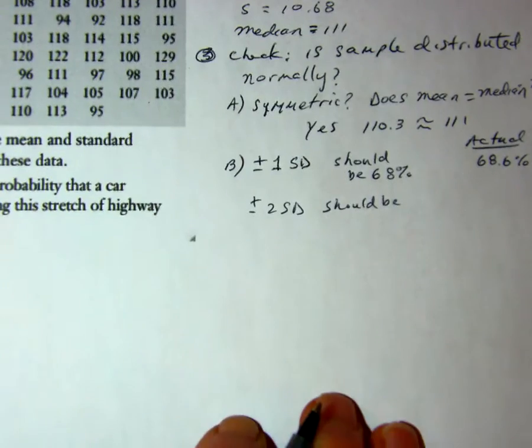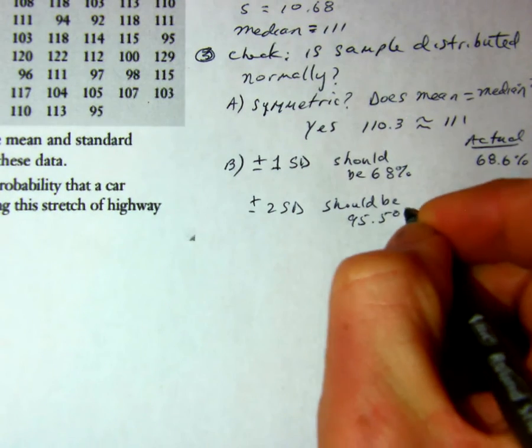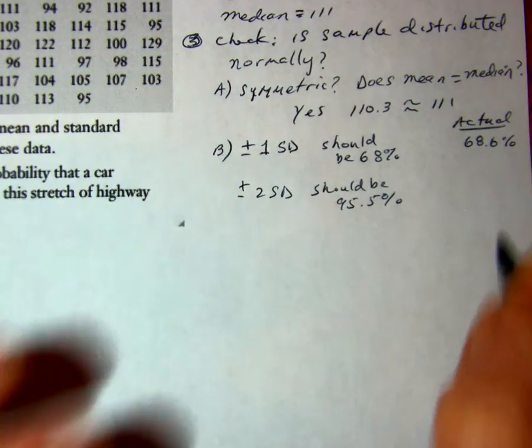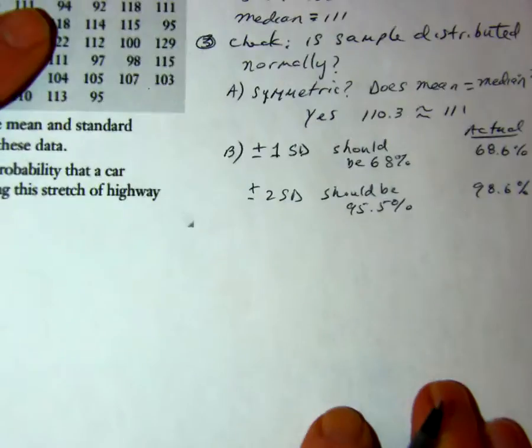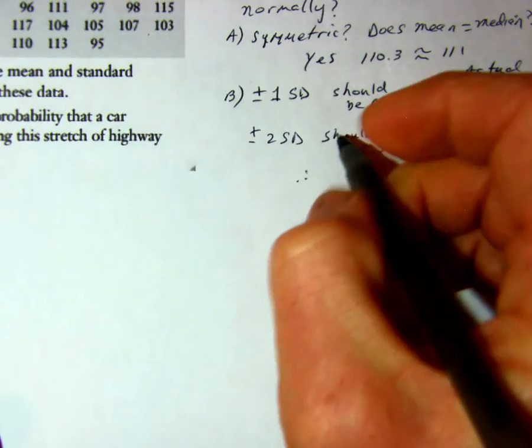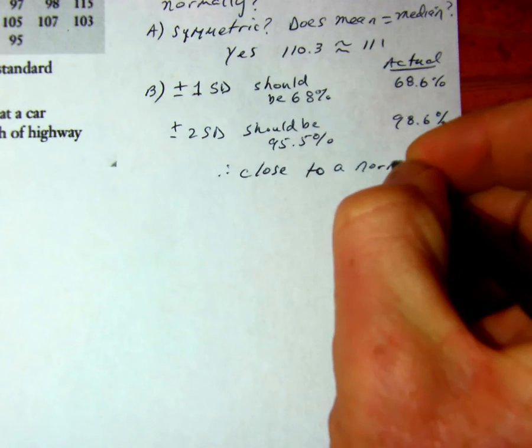Want to give me a guess? 95. 95.5%. I think it's 95.5. The actual is 98.6 for this data. So, therefore, close enough. It's not perfect, but it's close enough that we can use it.